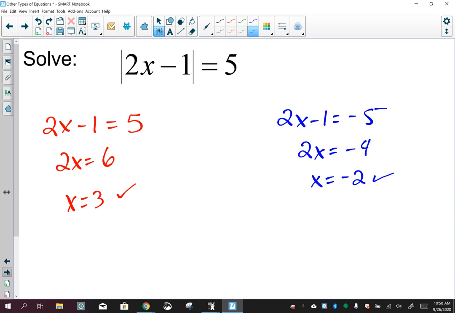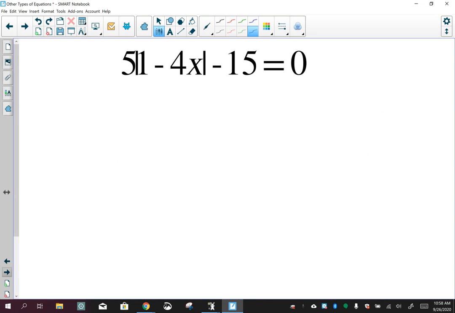Let's try it again. On this one, I know this one looks really bad. First thing I want to do is take care of that negative 15. I'm going to move that to the other side. So I get 5, absolute value of 1 minus 4x, equals 15. I want to take care of this 5 right here, so I'm going to divide both sides by 5.